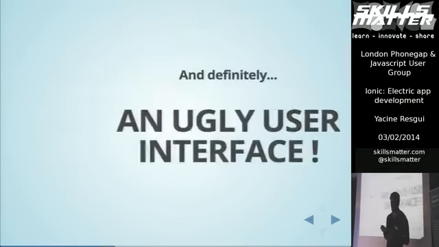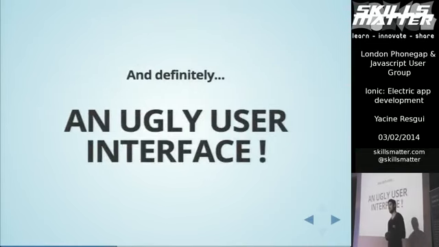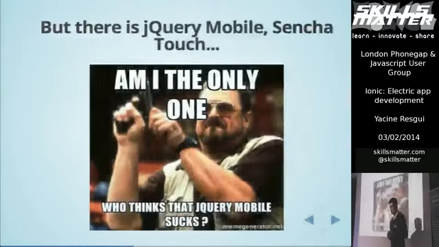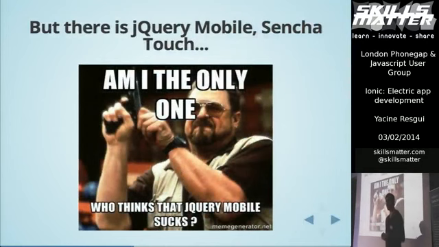So HTML still has this problem. But the main problem is you will have an ugly interface. Because when you look at native applications, they look good. When you use jQuery Mobile, Sencha Touch, and all kinds of frameworks, it was good and cool in the beginning of mobile.